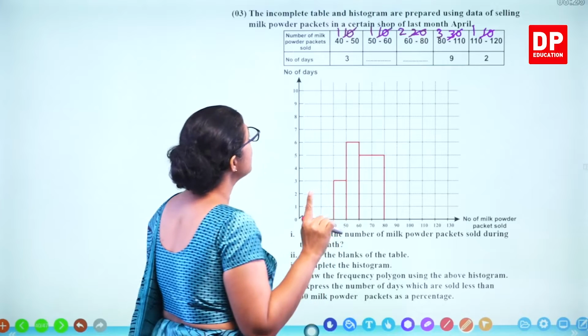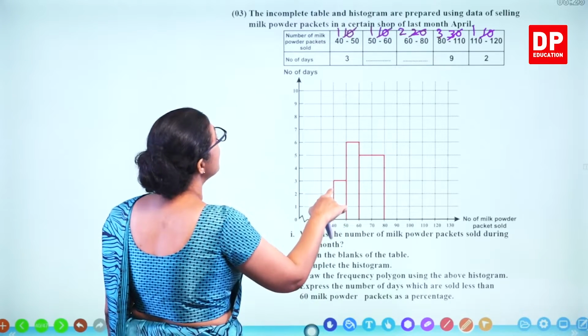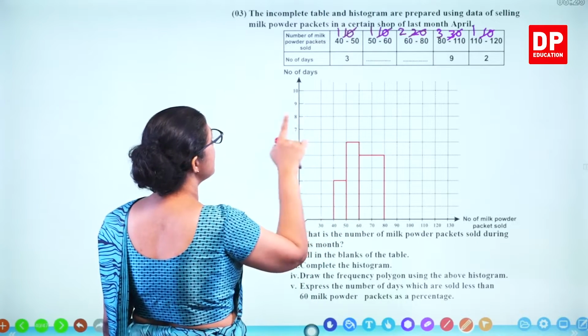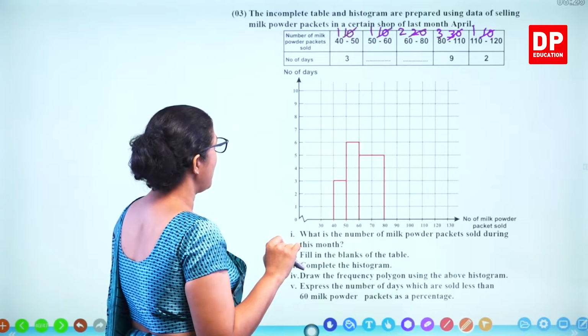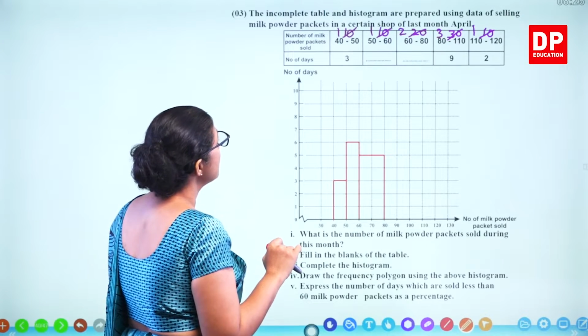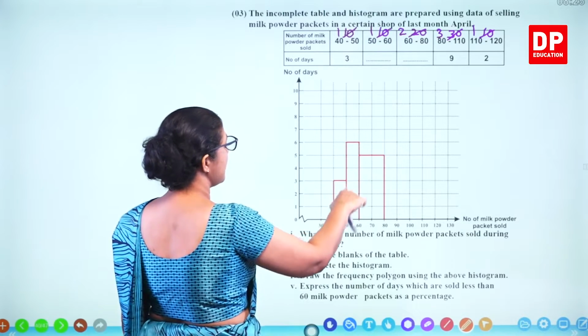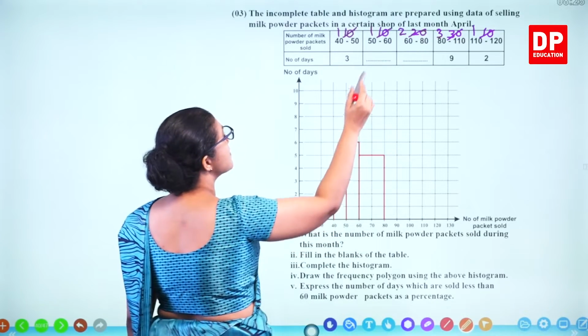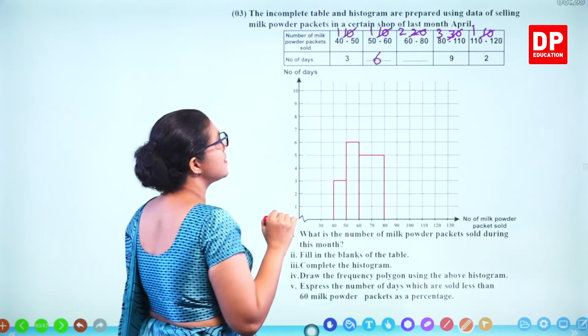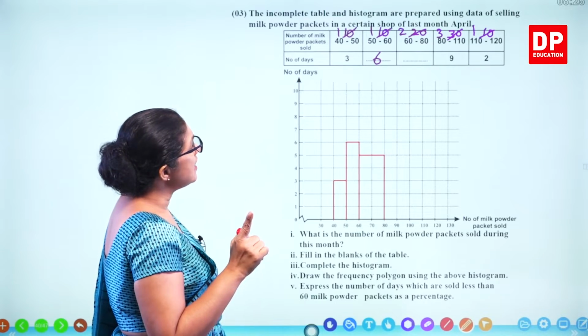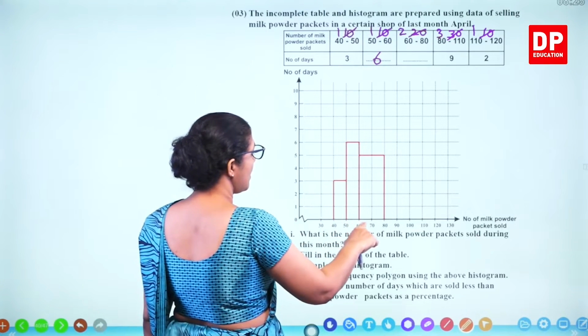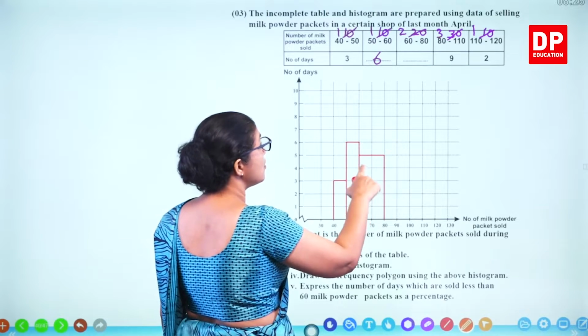So that means 3 already given, 40 to 50. Okay. Then this is also 1, 50 to 60 given. That's 6. So you can fill that 6. 60 to 80. Here 20 there.